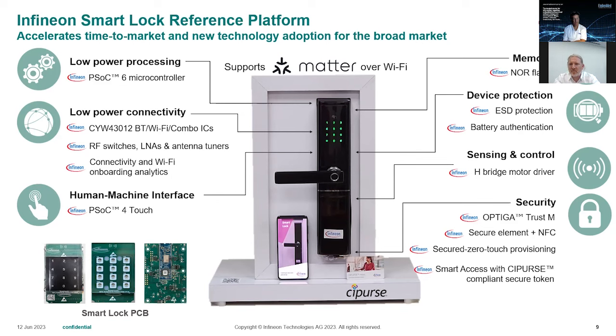There's a lot of different memory solutions, be like non-volatile or NOR flash. Also, we have device protection on ESD authentication. Where ESD protection, we've also seen battery authentication becoming a real trend, where people are now adding cameras, they're adding more and more electronics that drains the battery.